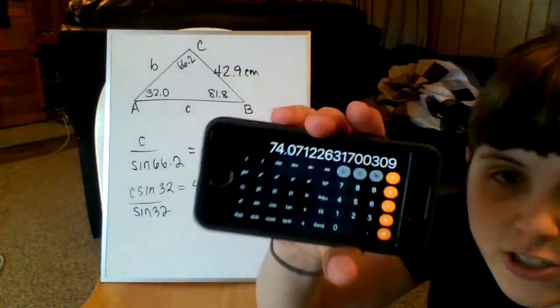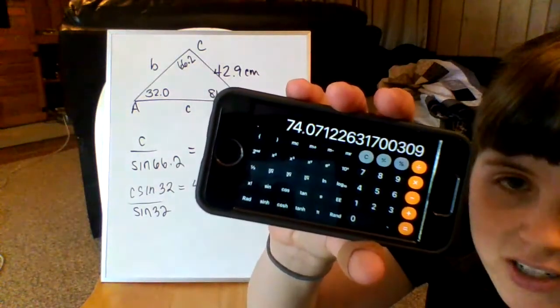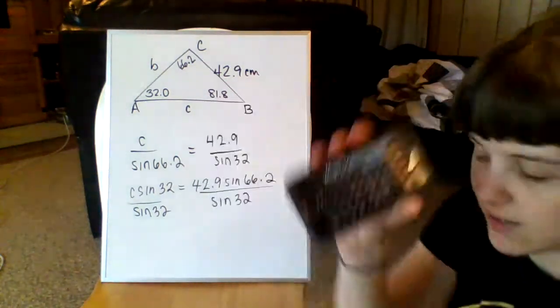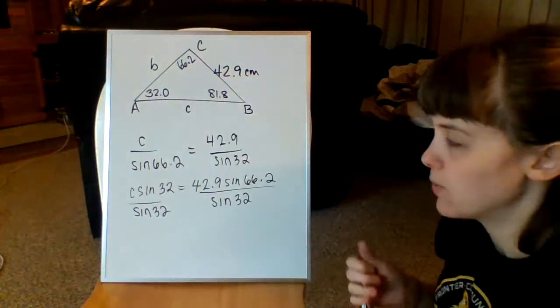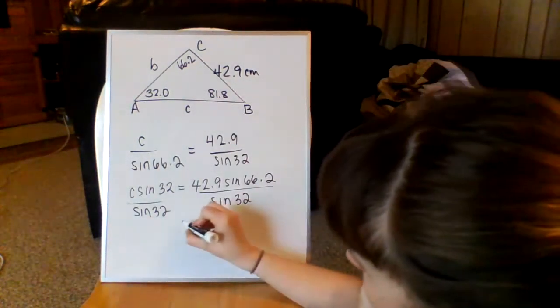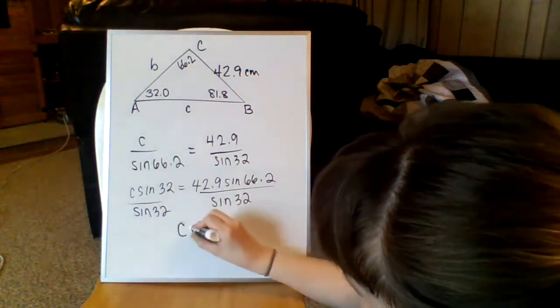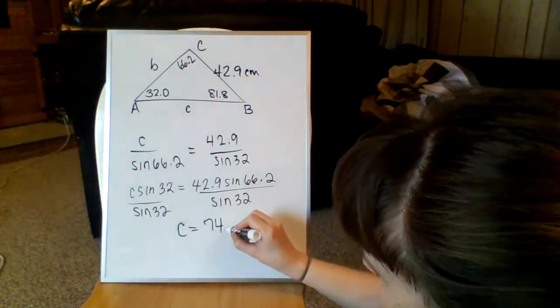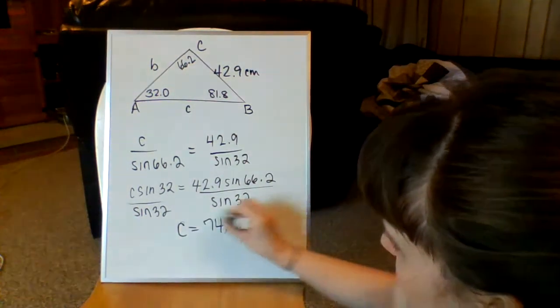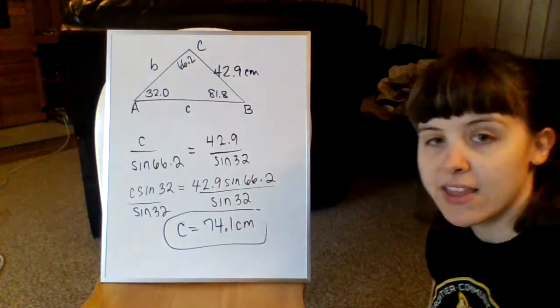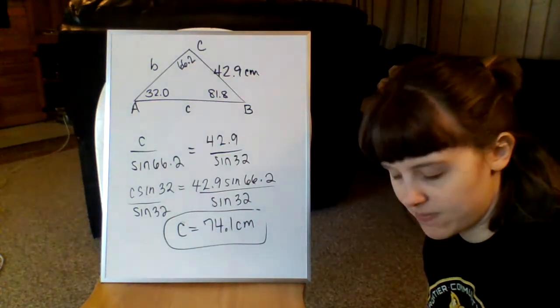When you do all that, you should get 74.1 because we're rounding to the nearest tenth. So 74.1 is side C, so C equals 74.1 centimeters. And that is how you do law of sines.